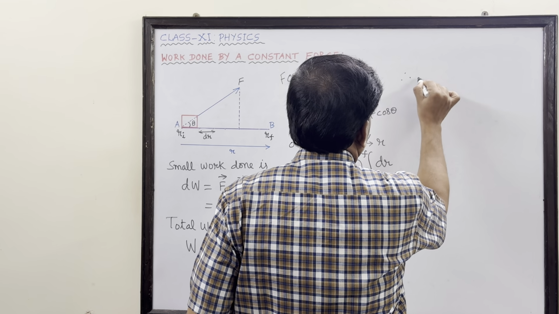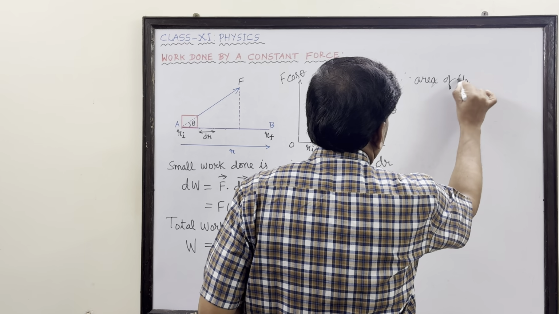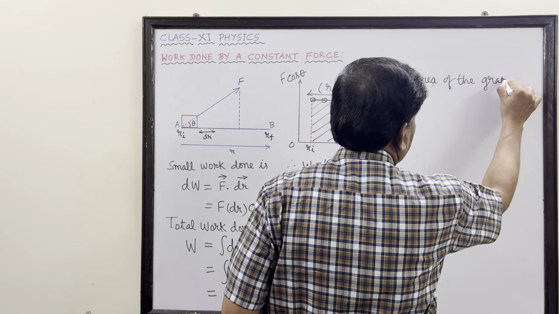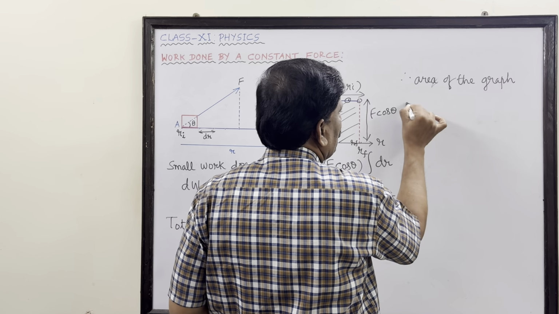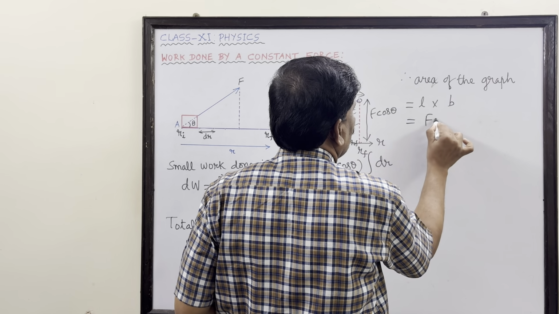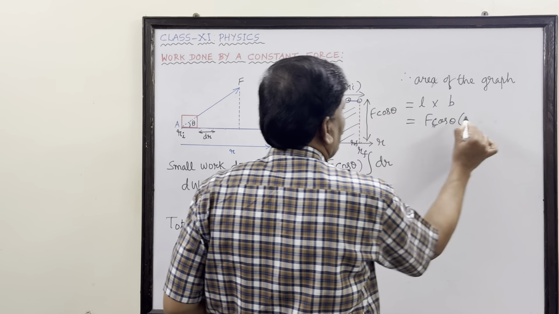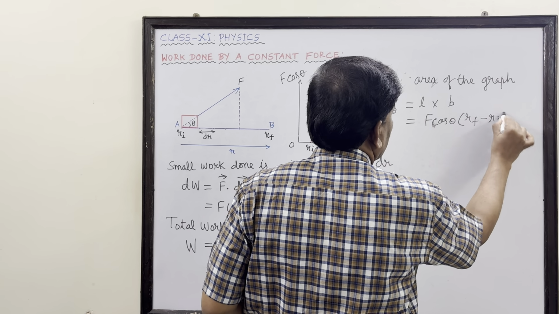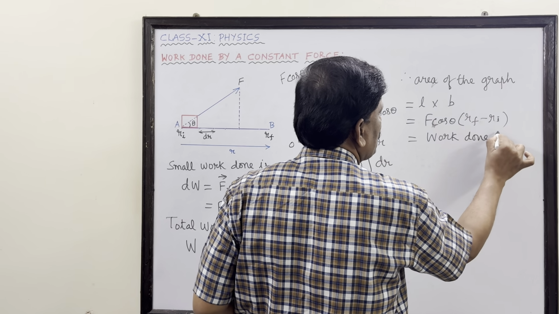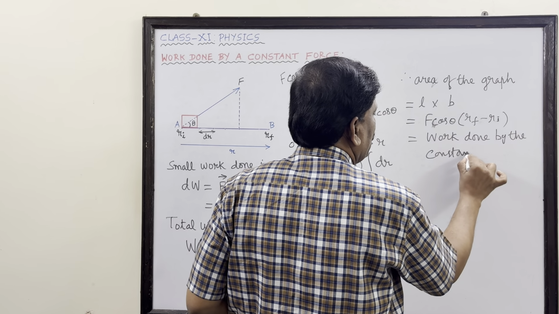Therefore, here the area of this closed curve, or we can say area under the graph, is equal to length into breadth. So this is equal to F cos theta into r final minus r initial. So this is equal to what? The work done by the constant force.